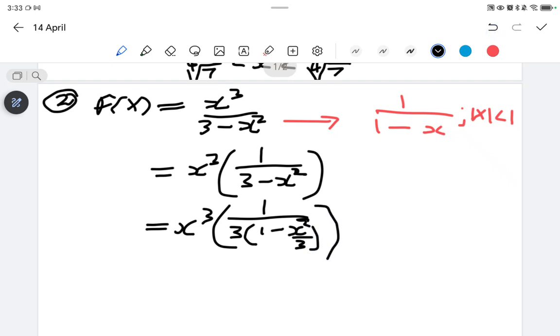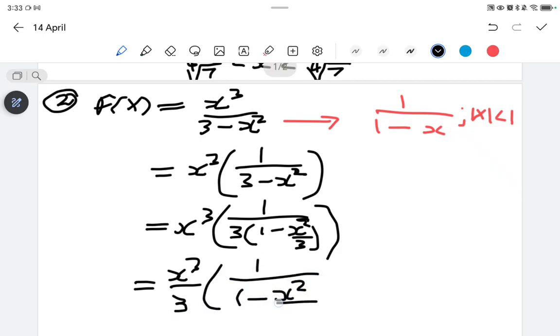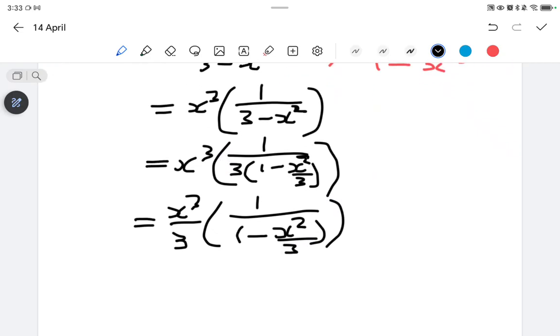Now we are able to change this to that format. We can take out 1 over 3. Then we're left with 1 over 1 minus x squared over 3. Check this inside.